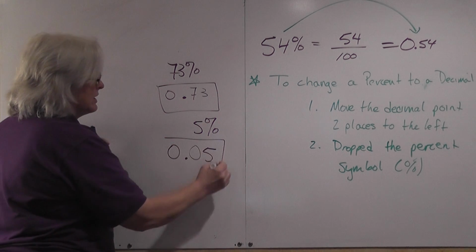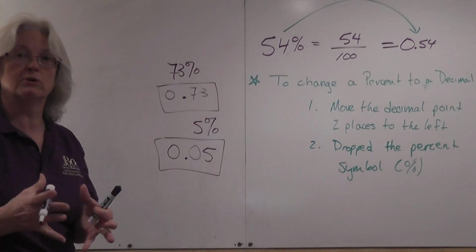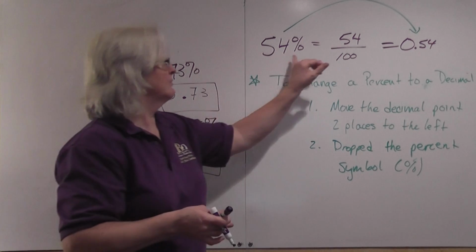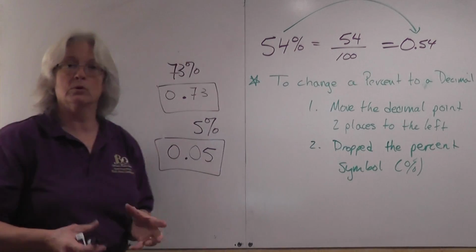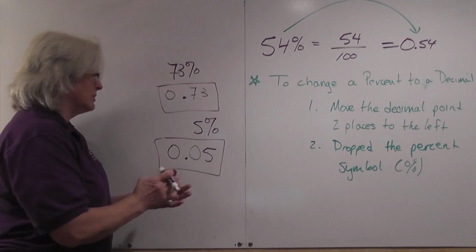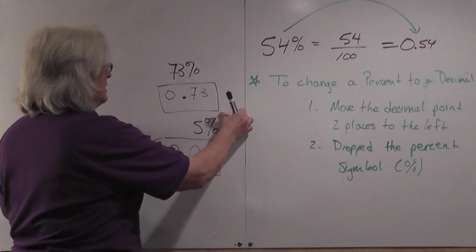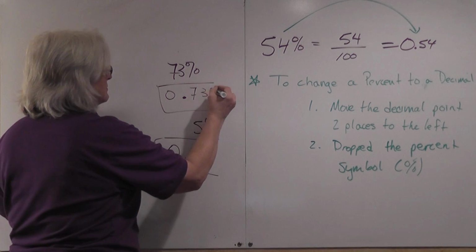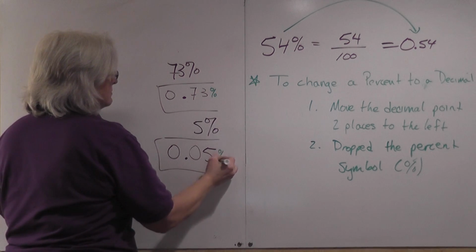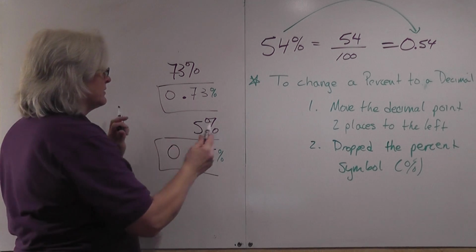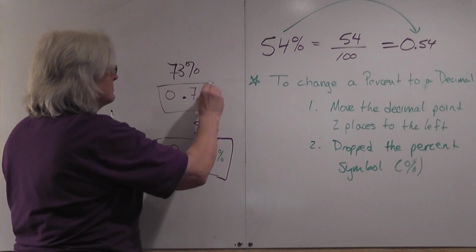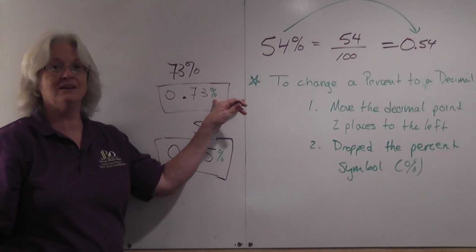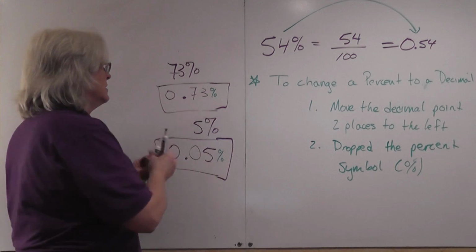The thing that kids and adults really trip up on when they're first learning how to write 54% as a decimal is they like to go ahead and keep this little percentage here. These are not the same. This is a fractional percentage and is some teeny, tiny little piece.